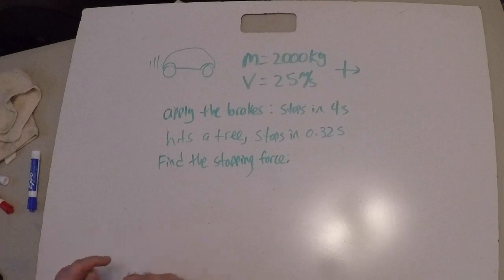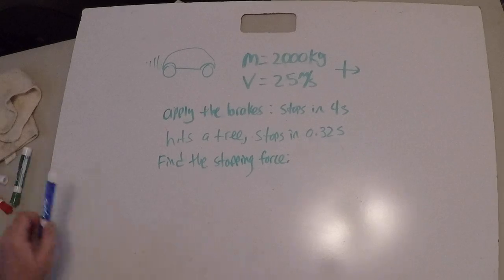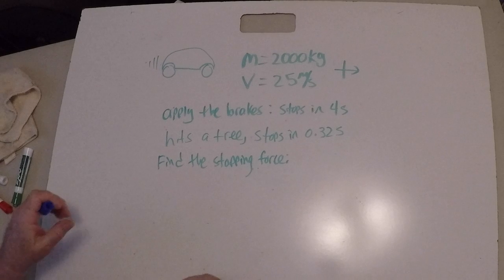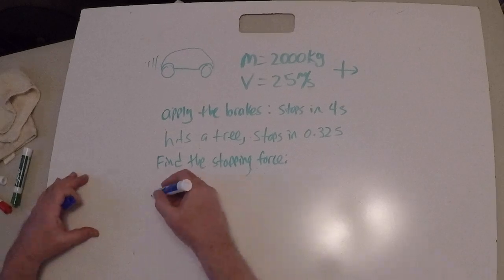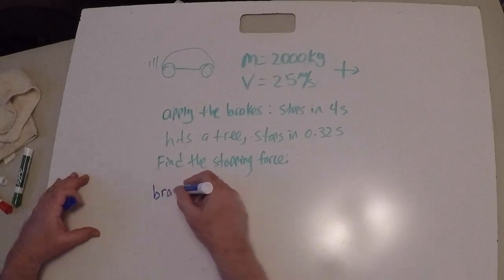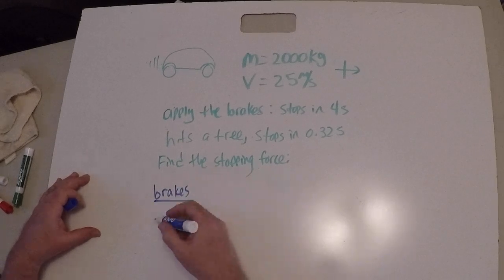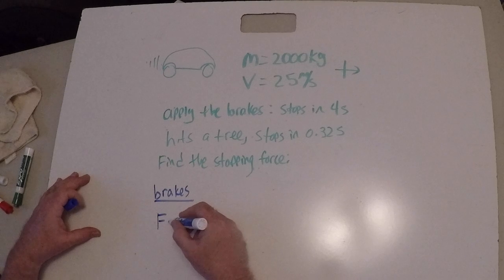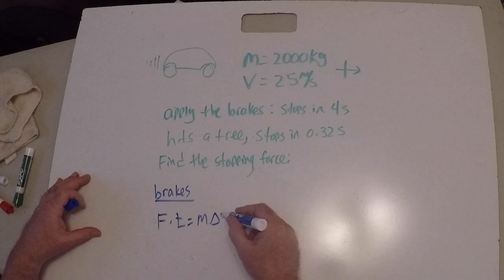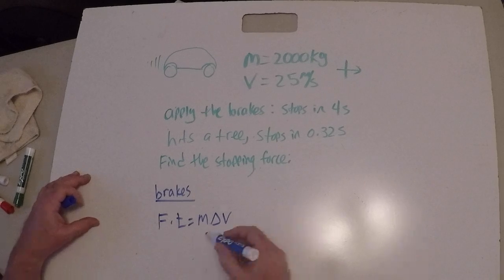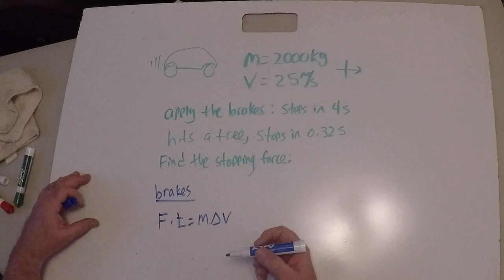Okay, so let's take a look first of all at the case that we hope happens, applying the brakes. We start with our equation. Force times time equals mass times change in velocity, which is, of course, the change in momentum. We know the mass of the car is 2,000 kilograms.